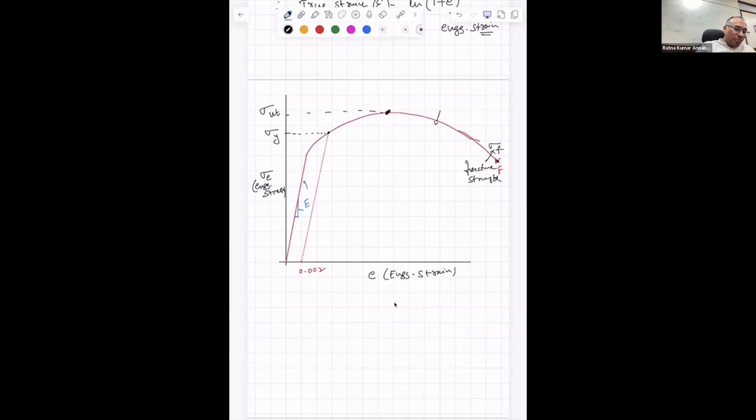Now you have measured yield strength. Let us imagine a scenario where I have loaded the specimen up to here. That means I am deforming the material, and it has gone up to here. And then I am unloading the specimen. I have extended the length to there.